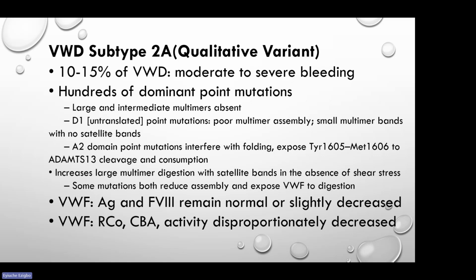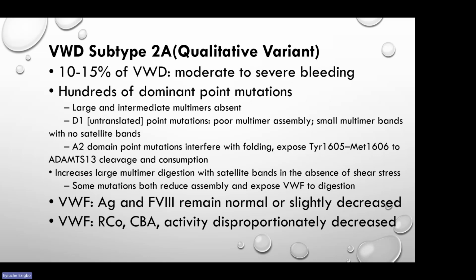Normally, when blood passes through the blood vessels, the force it exerts leads to uncoiling of the large multimers of von Willebrand factor, exposing them for ADAMTS13 to cleave. But in this situation, there is no such physiological shear stress causing the exposure.